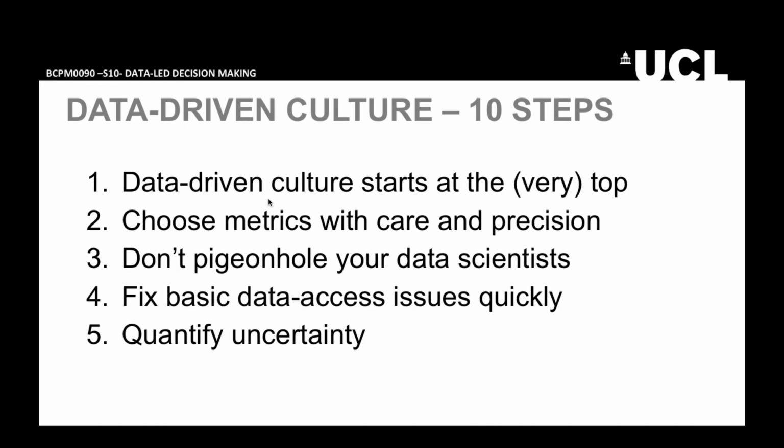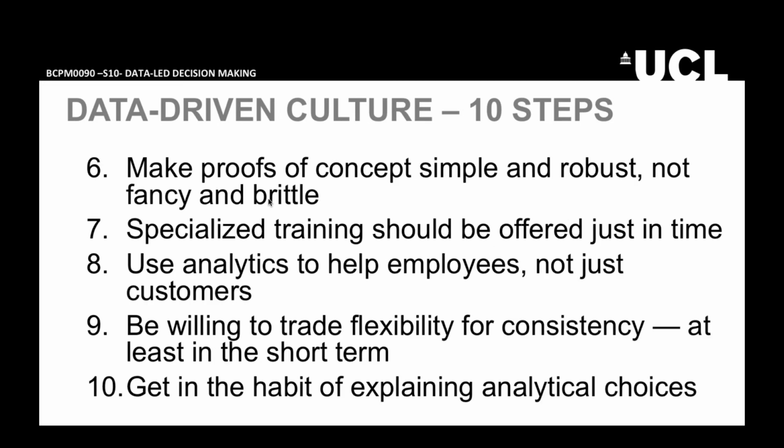Four is fix basic data access issues very quickly. Five, quantify uncertainty in your organization. Six, make proofs of concept simple and robust, not fancy and brittle. It's more important to understand whether it works or it doesn't work.